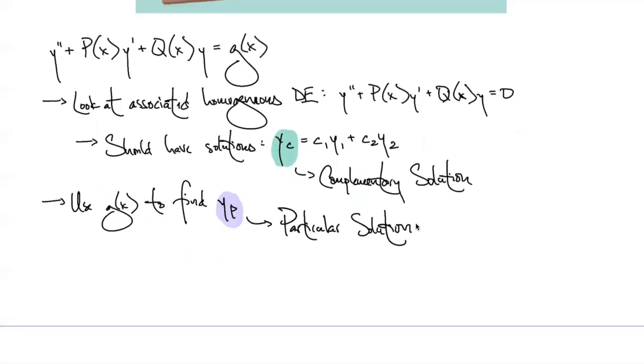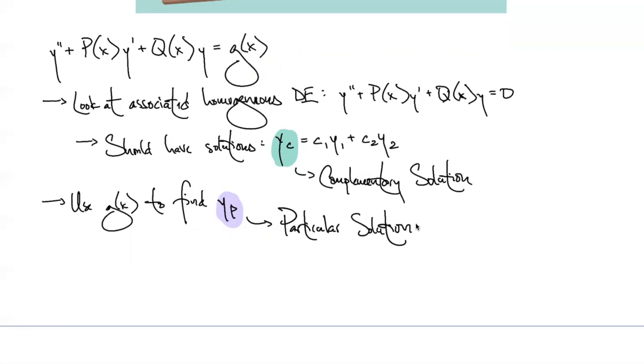So we're gonna have a complementary solution that is basically like the homogeneous part solution. Then we have to find the other part of the solution, the particular solution that goes with the non-homogeneous part.